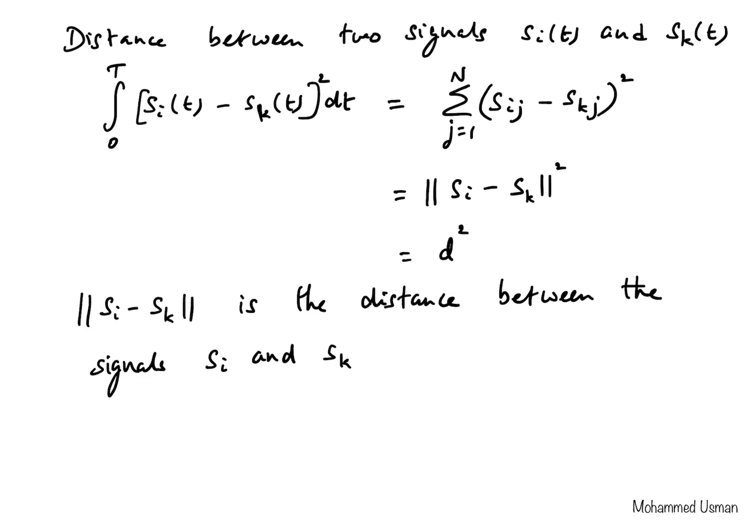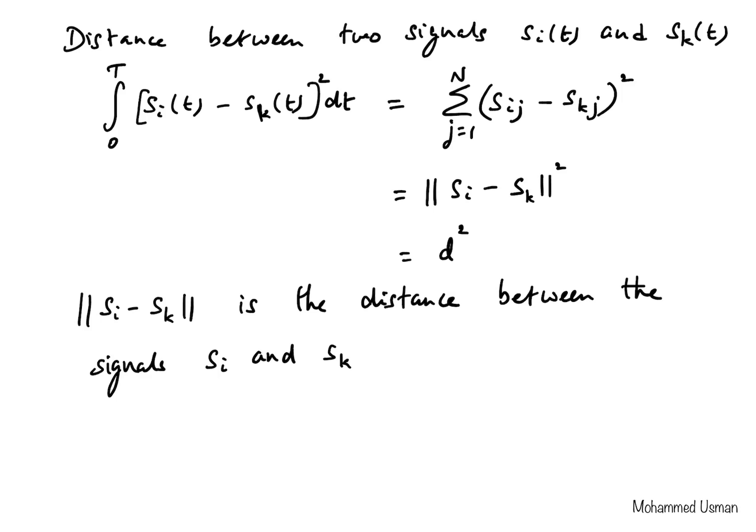It's also easier to visualize where they lie in the space, what the distance between them is, and how easy or difficult it will be to separate the signals from each other. That's the whole point of representing the signals as vectors in a geometric space, having the geometric representation of the signals.